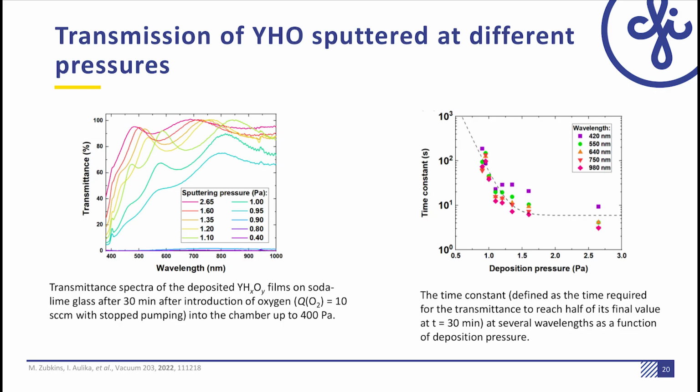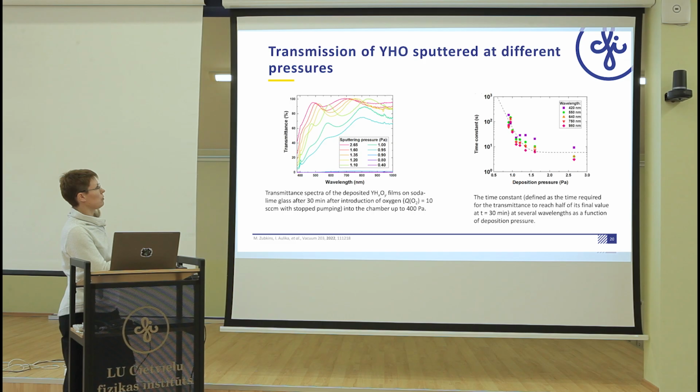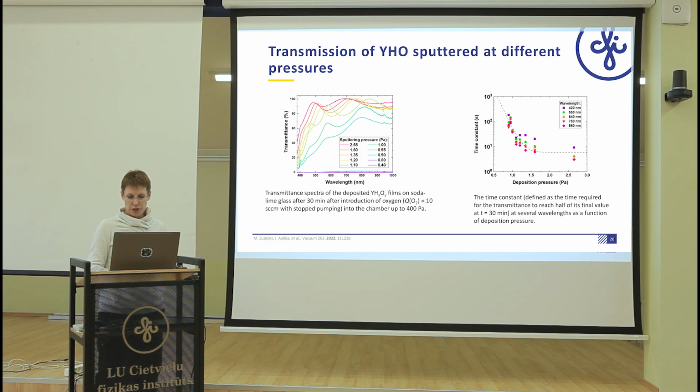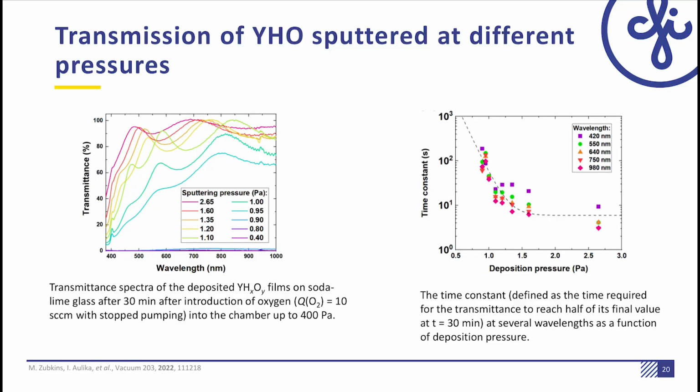And at higher pressures, we can obtain films which are transparent with properties similar to insulating materials. Over here, all these curves present materials with a low extinction coefficient. The graph on the right shows the time constant data indicating a clear phase transition between 1 Pascal and 1.5 Pascal, marking the switch from metallic to semiconductor and dielectric films.